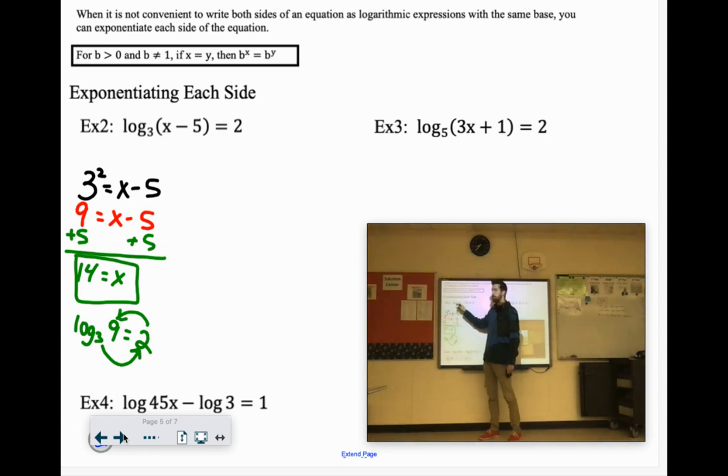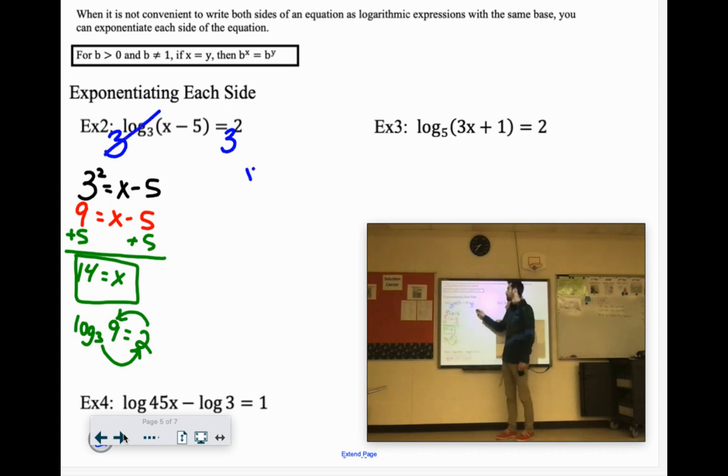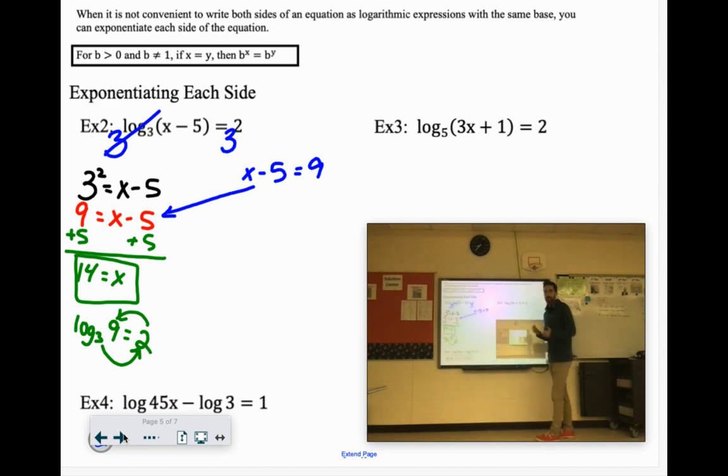So it was log sub 3, so we're going to give them both a base of 3, because these will all cancel out. So you're just left with x minus 5 equals 3 to the second power, which is 9. So it gets us to the same step. I don't know if I like just throwing a new base on stuff, but it all works.